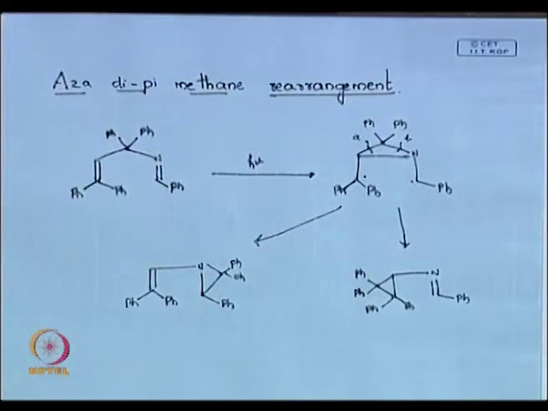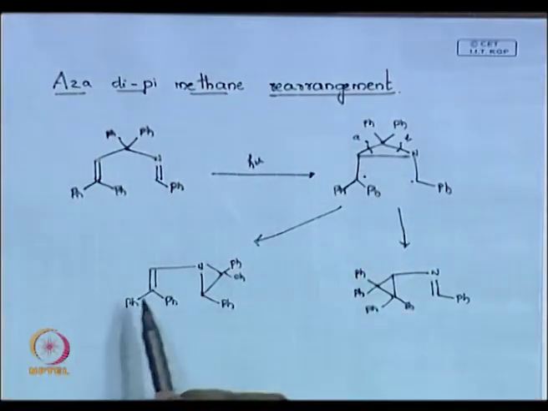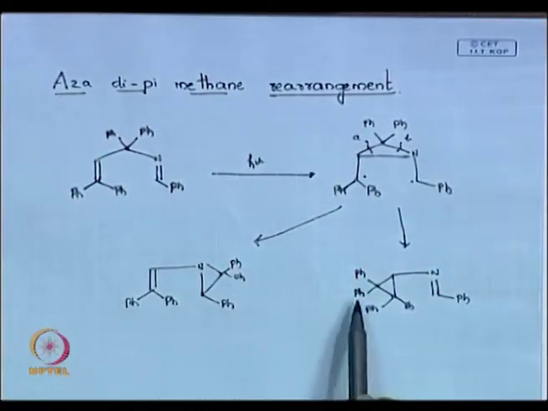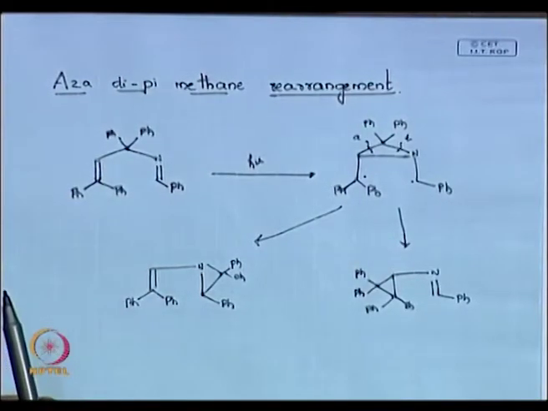So this is what we studied in the previous class, right. In aza-di-pi-methane rearrangement you can see both the products forming. Now what we will do is try some examples on this aza-di-pi-methane rearrangement.